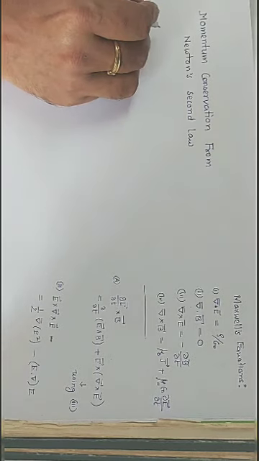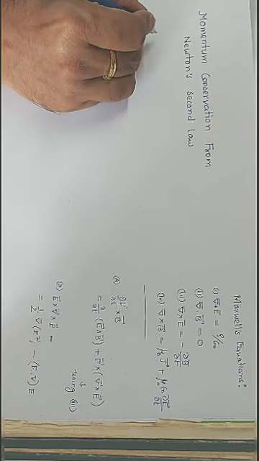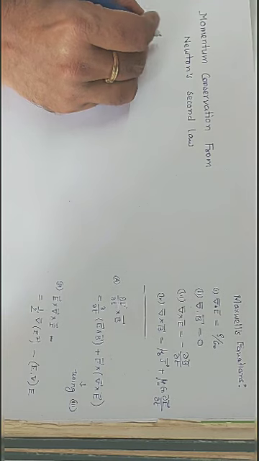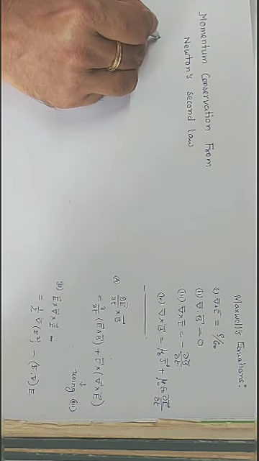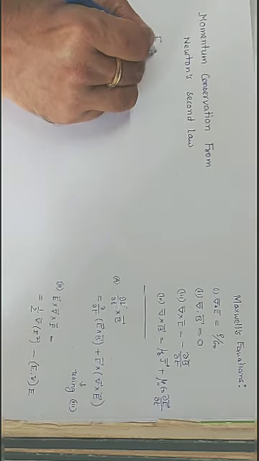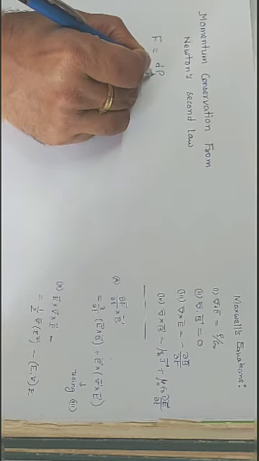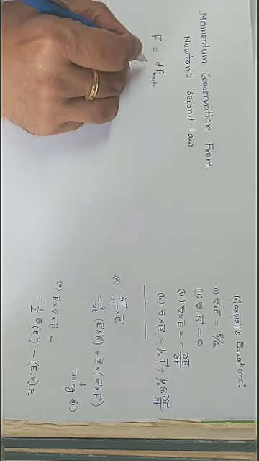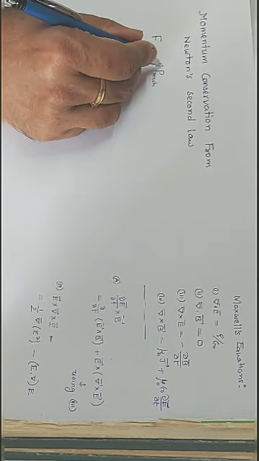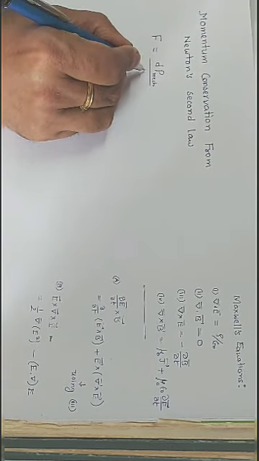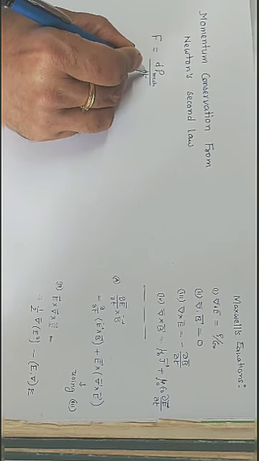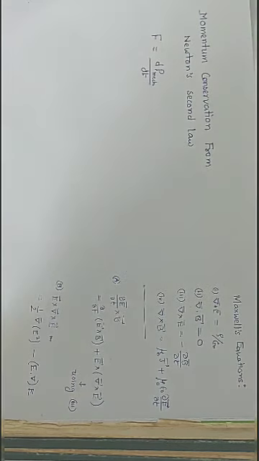According to Newton's second law, the force on a body is equal to the rate of change of momentum of the body. So we can write F is equal to dP, with suffix mechanical to represent the mechanical momentum, over dt.